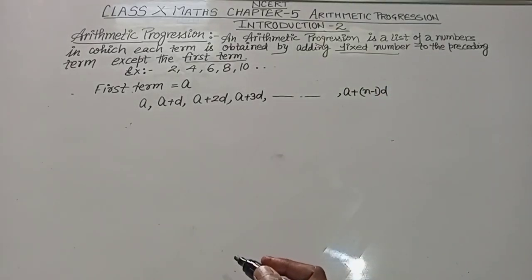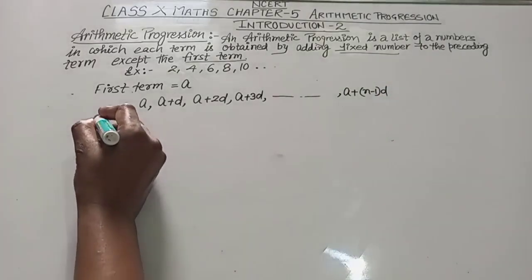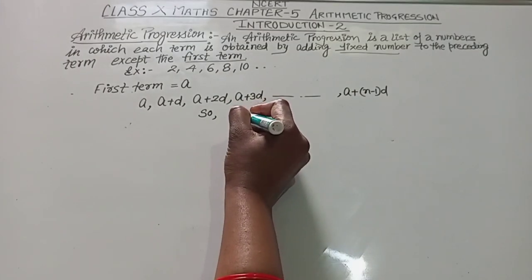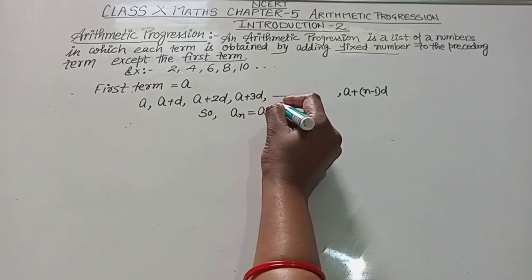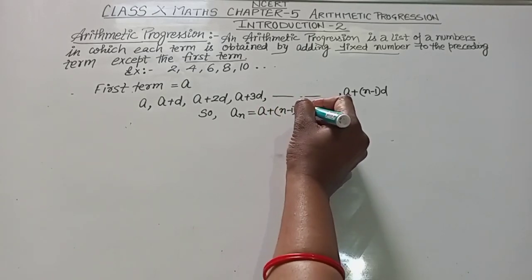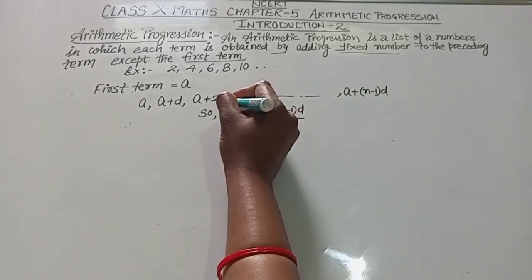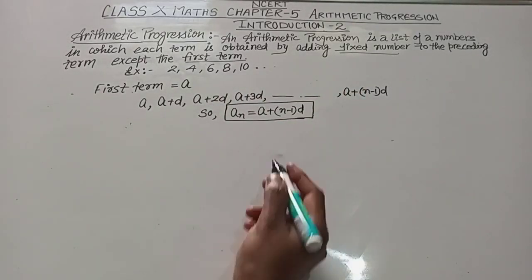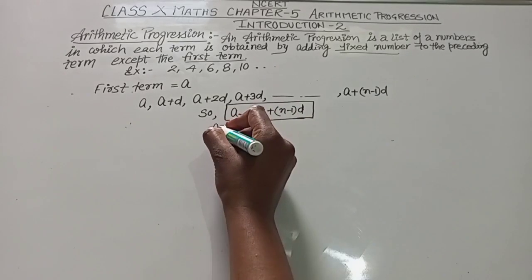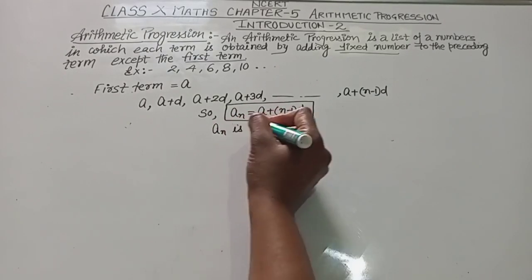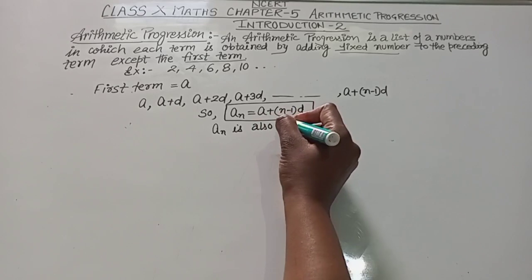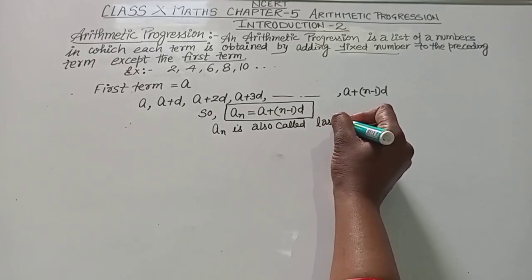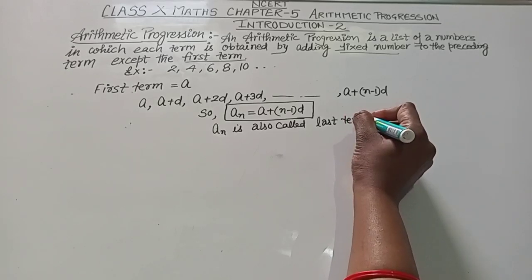So an is equal to a plus (n minus 1) into d. This is also called the last term.